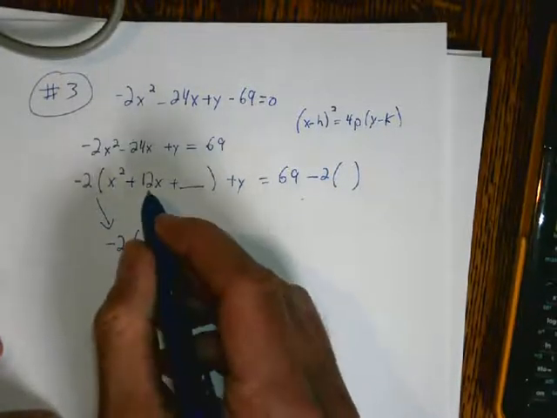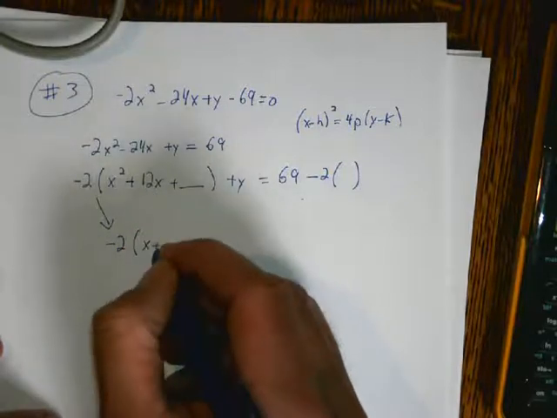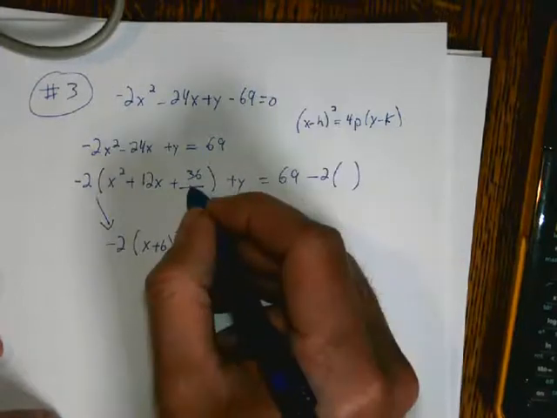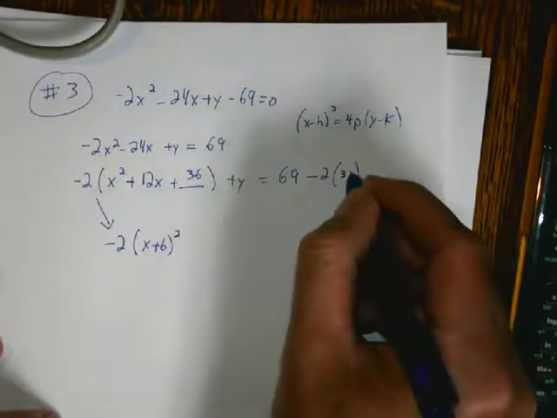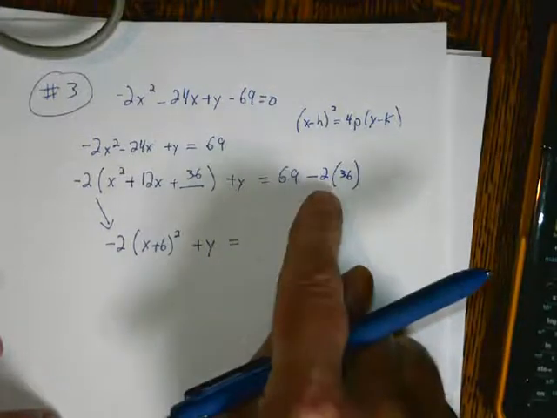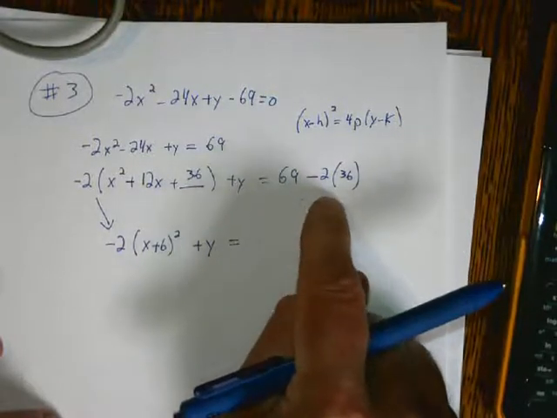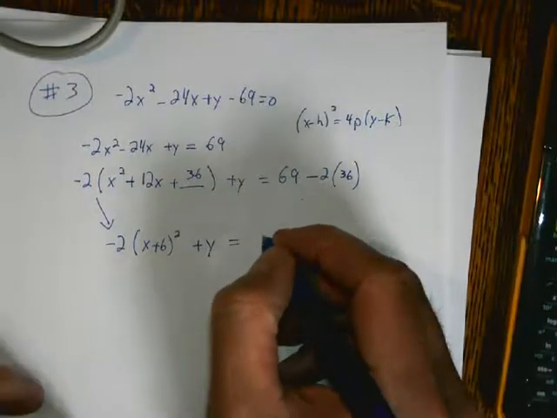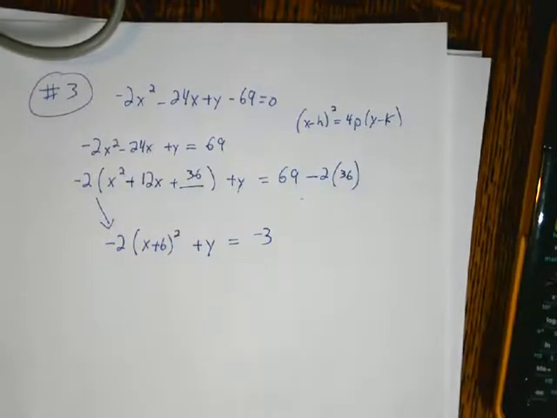Half of 12 is 6, so this becomes a positive 6 here. When I square the 6, I get 36 here, and since I put 1 here, I have to put that here as well. This is just plus y, and this is 69 minus 72, so you get negative 3. Okay, so far so good.